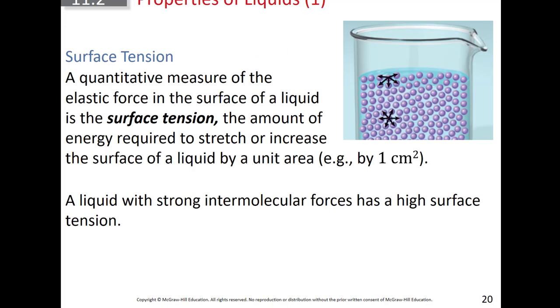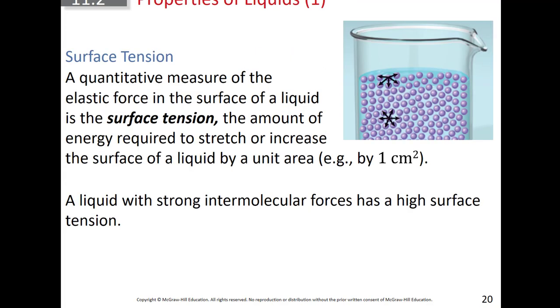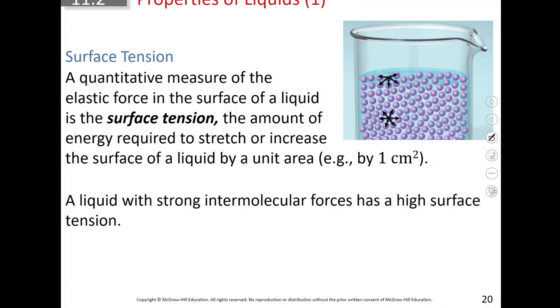So first of all, surface tension. We touched on this a little bit briefly last time. We were talking about how water molecules have those strong hydrogen bonds that hold the molecules together, kind of like they're holding hands. And that's why things like a paper clip can float on water, because here on the surface, it does not want to separate out.